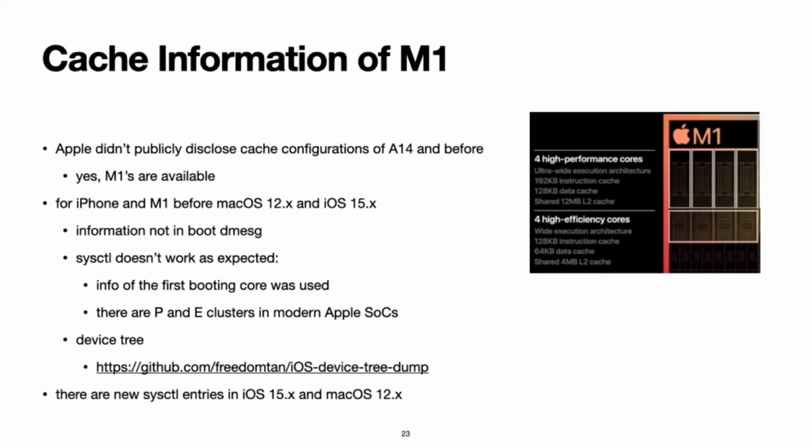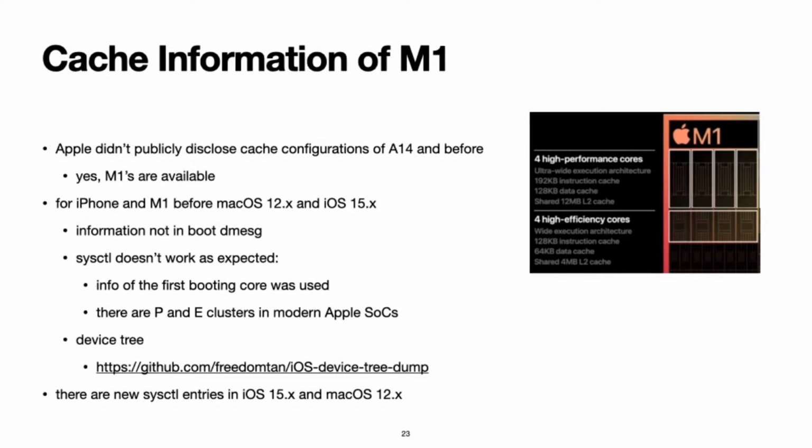Because, first, information is not in the message. Second, syscontrol doesn't work as expected. Information of the first booting core was used. You cannot see other cores' information. Third, there are P and E clusters in modern Apple SoC.